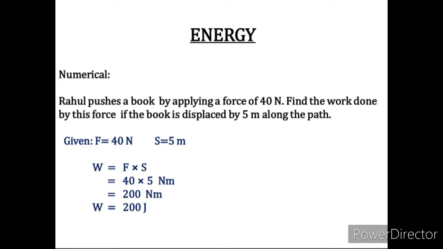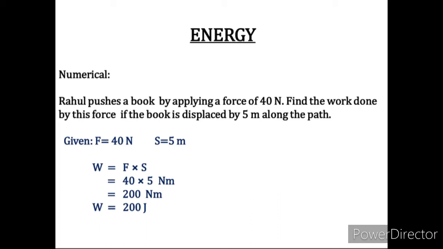Numerical based on work. Rahul pushes a book by applying a force of 40 newtons. Find the work done by this force if the book is displaced by 5 meter along the path. Here, force is equal to 40 newtons and displacement is 5 meter along the path.